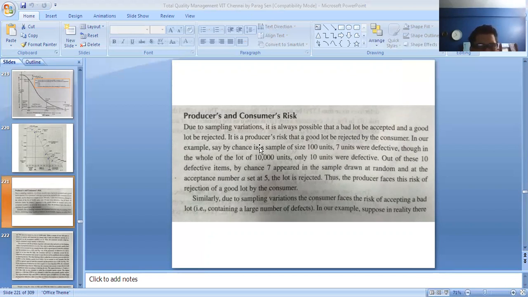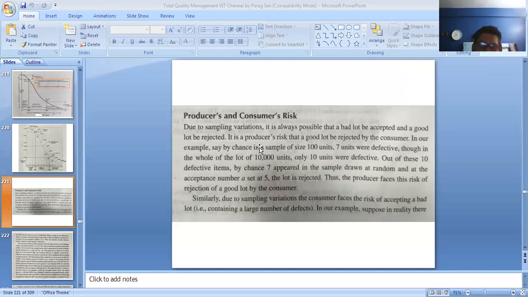But in the same way, for the binomial distribution and also the hypergeometric distribution, the OC curves can be drawn. You can go through your book to see how these curves are drawn.